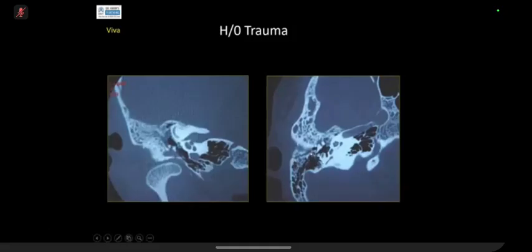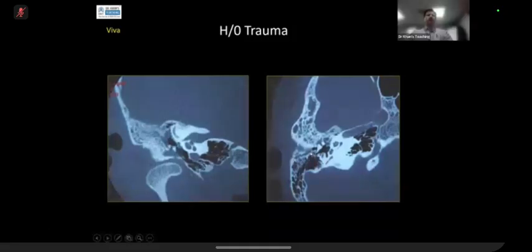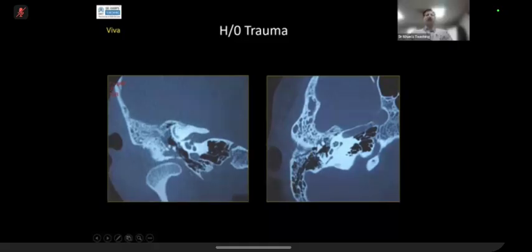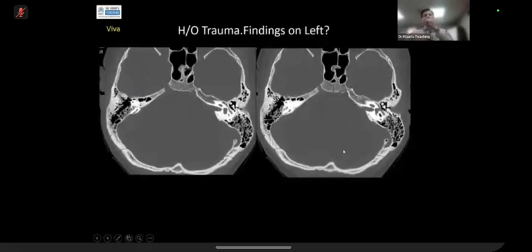I'm not going into details of longitudinal and transverse fractures of the temporal bone and what they can do. But the main thing I want to highlight is that you should always look here to rule out an incudomalleolar dislocation. If you're doing a viva case, the examiner might give you half a mark or one mark more.